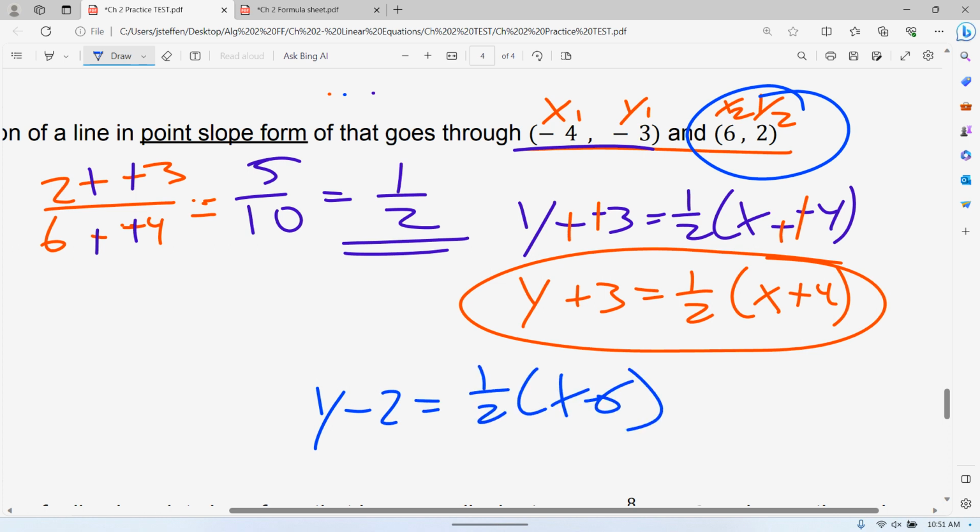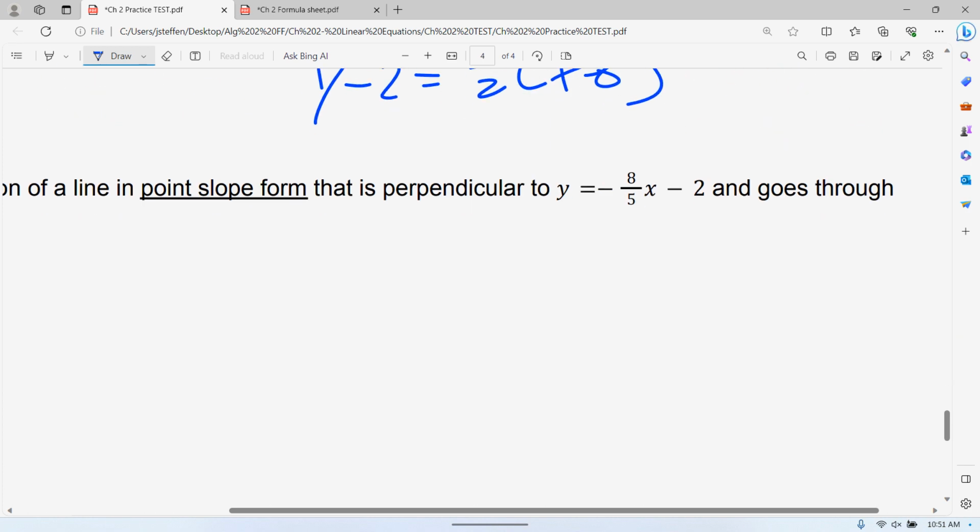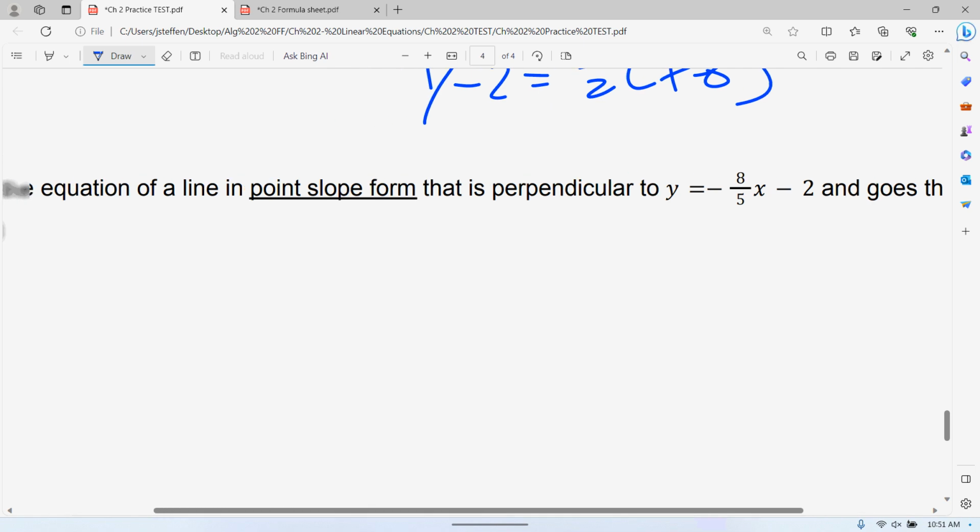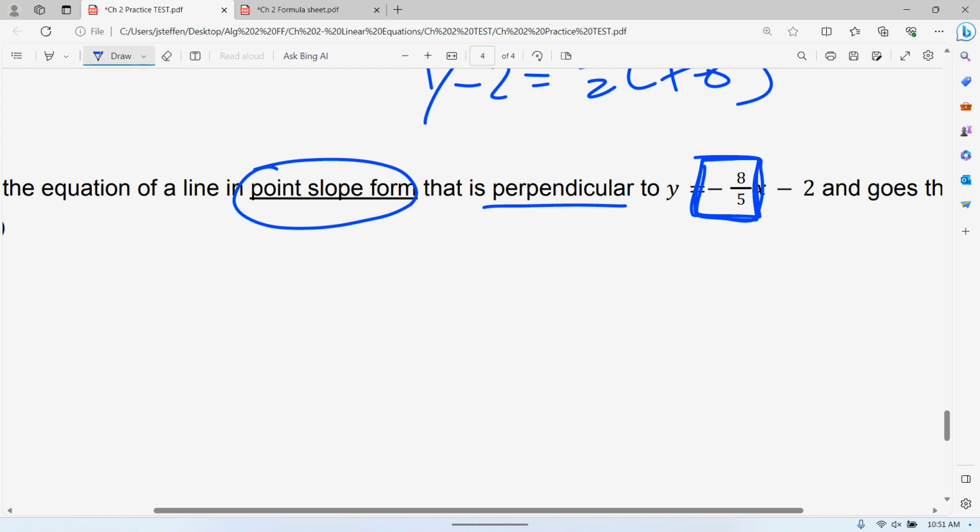So these last ones are the parallel and perpendicular ones, so make sure you're paying close attention to these. This one's nice because it's in point-slope form, so it's a little bit easier, and it's perpendicular to this line. Now again, I've been putting these slopes in boxes because that's all I'm looking at. I don't need the y-intercept. I'm only looking at the slope for this. So if my slope is -8/5, I want it perpendicular.